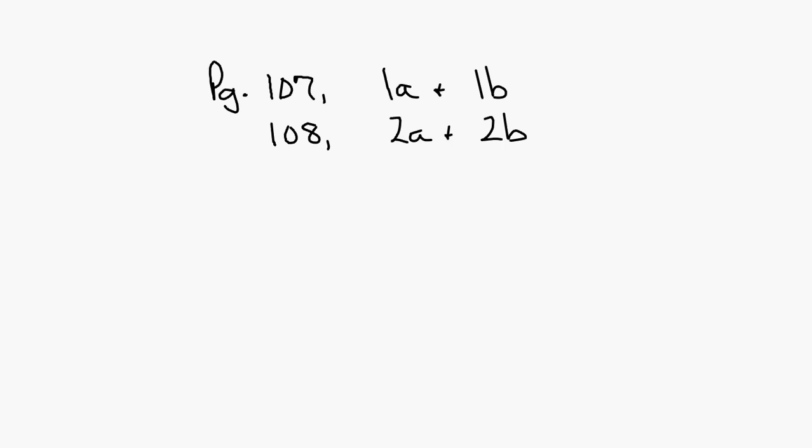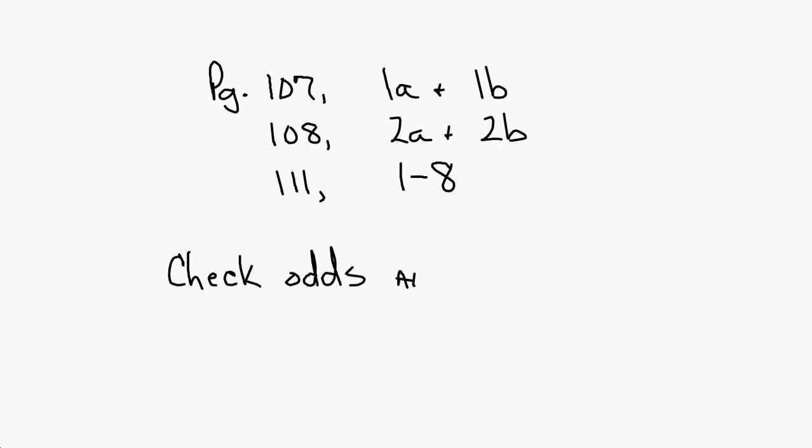And then on page 111, you've got 4 problems where you're going to identify the hypothesis and the conclusion, and then 4 more problems where you're going to write each statement in if-then form. It's going to be easier for you to just read example 2 than it is for me to explain it. So on page 111, you've got problems 1 through 8. Check your odds in the back of the book. And deadline for homework.